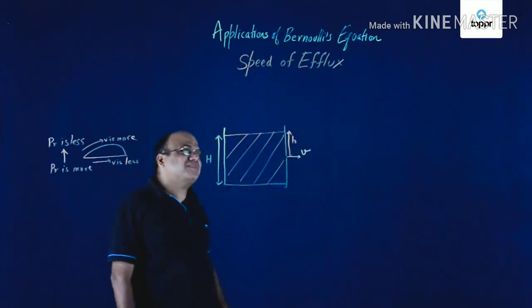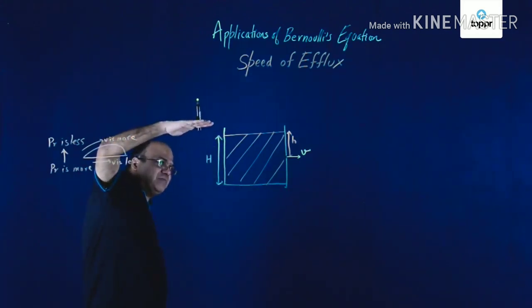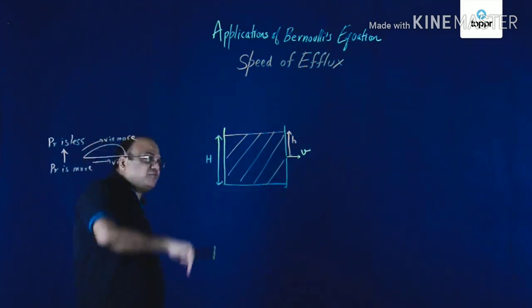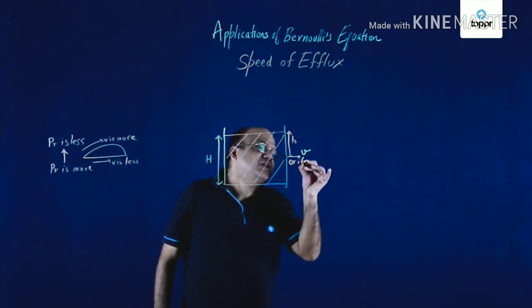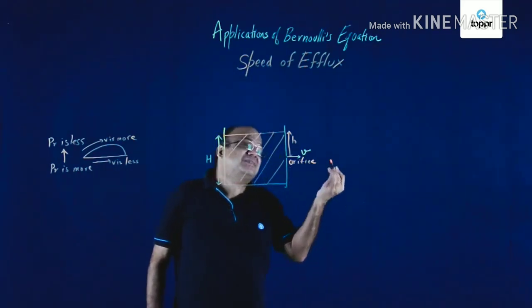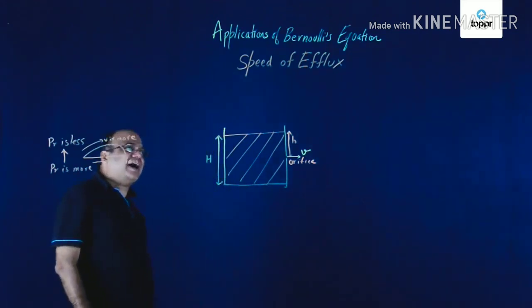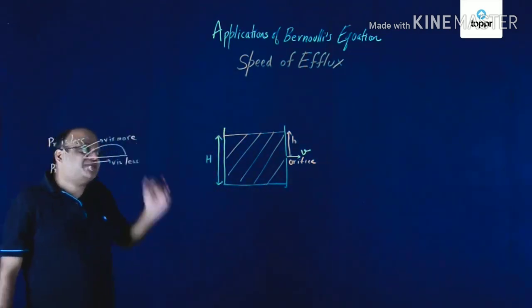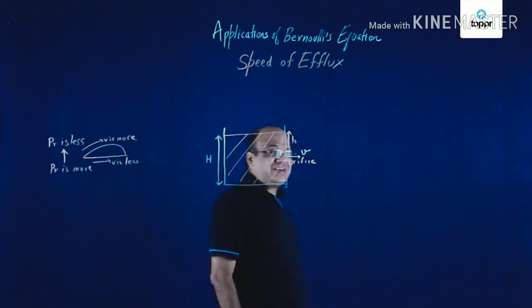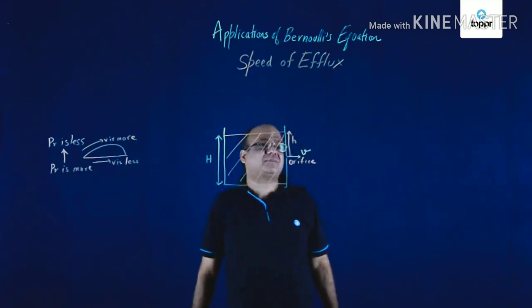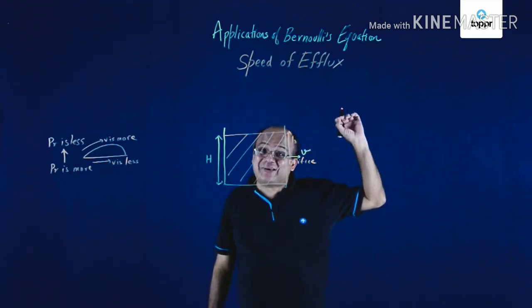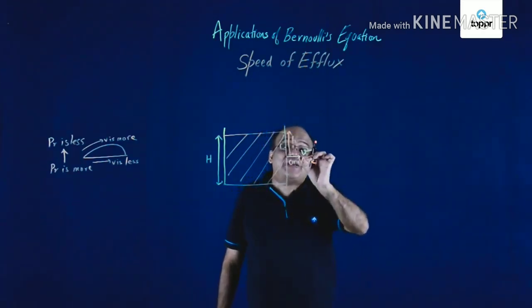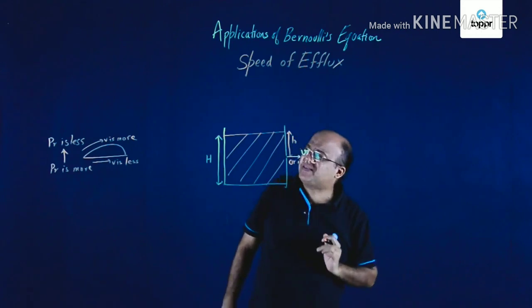The difference in height of the top level and the orifice, this is the orifice. The orifice is the hole through which liquid is coming out. So h is the depth of that orifice from the top level of the liquid. Now we want to apply Bernoulli's theorem and find out this speed of efflux.